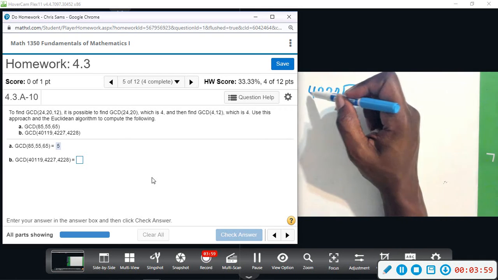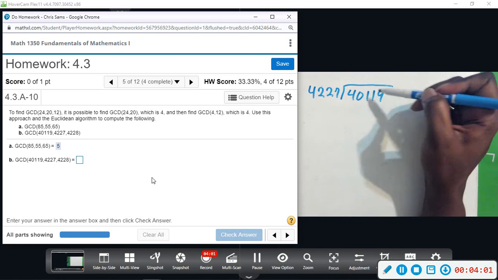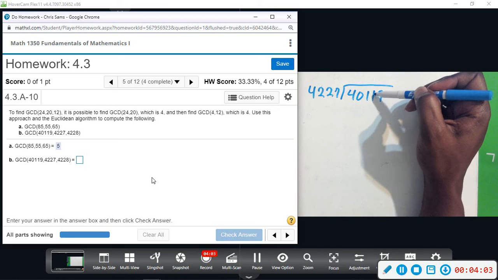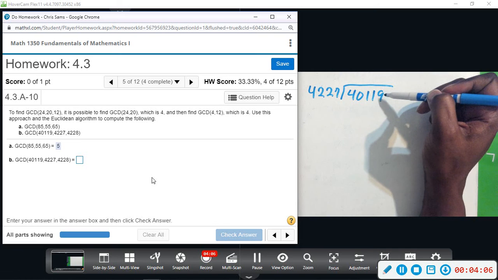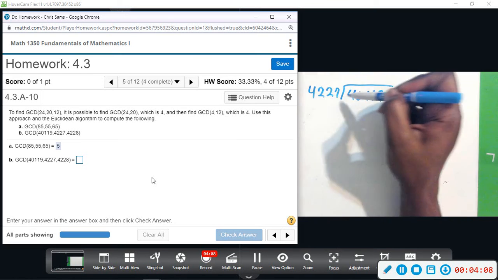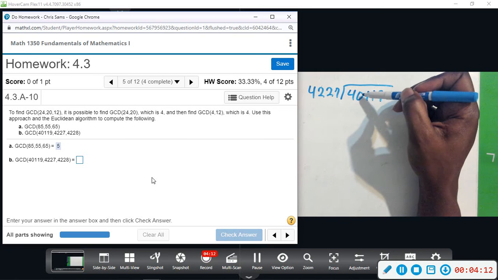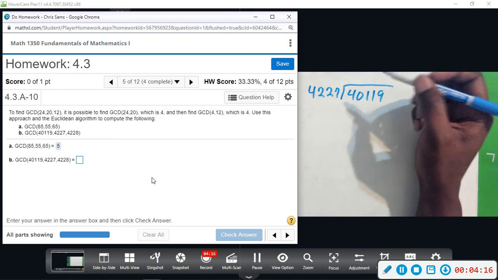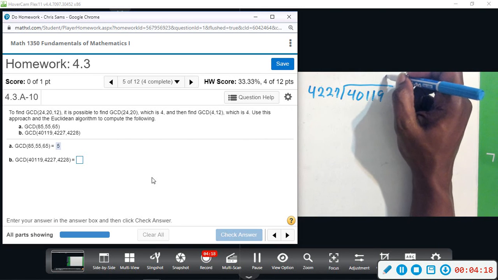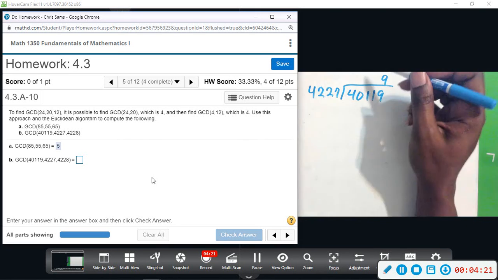Okay. So 40 will not go into the first 4 digits, the 42. It will go into the 4019. 10 times will be too big. Let's try 9. And if it's too big, we'll go 8.